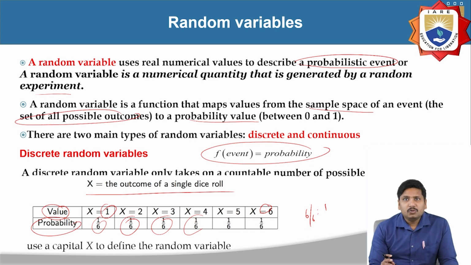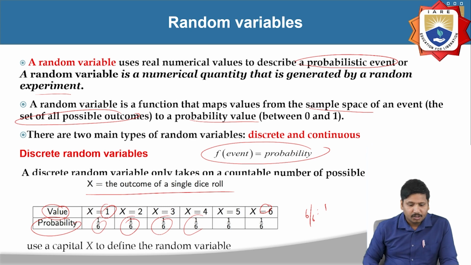A random variable uses several numerical values which describe this probabilistic event, and it is a numerical quantity generated by a random experiment. This random variable is a function that maps values from the sample space, where the probability value lies between 0 and 1 only. As I just said, there are two types of random variables, discrete and continuous.